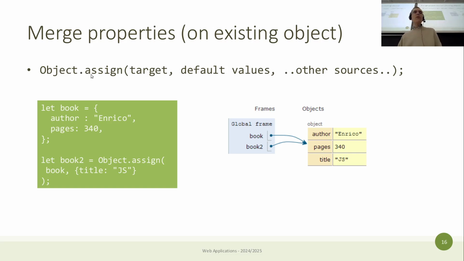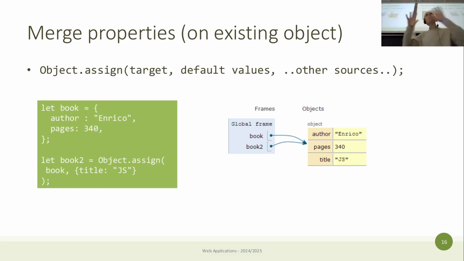Merging properties: again, Object.assign, target, the source, we called it source before, and we can have other sources, and basically they get copied into the first object, the target. In this way, we can also define default values.